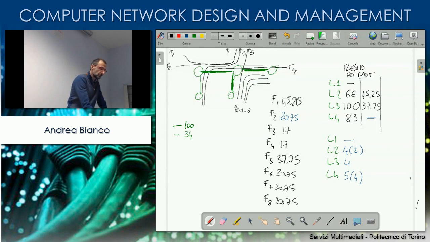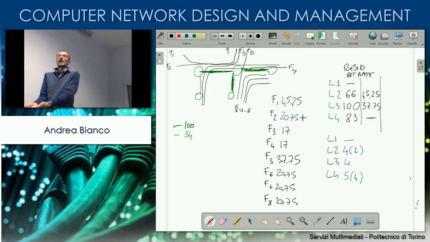The 45.25 is because on link 2, we have already fixed at that step the speed of flow 2, flow 3, and flow 4. So 100 minus these 3 numbers, it makes 45, right? The summation of these three are already allocated, and this is what is left on that link.